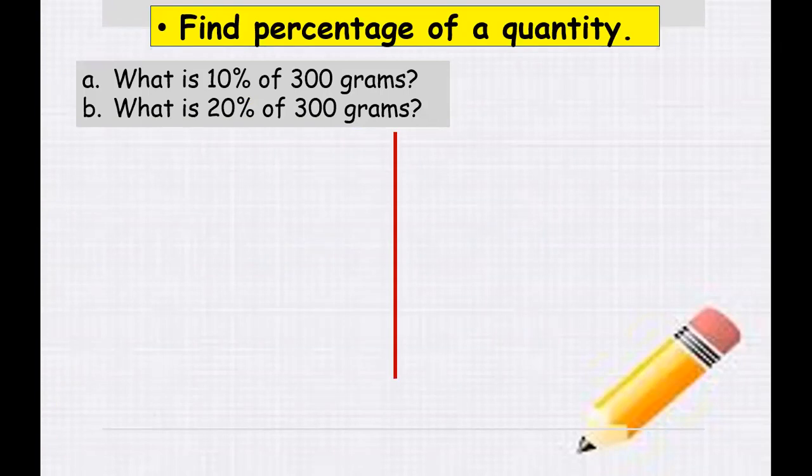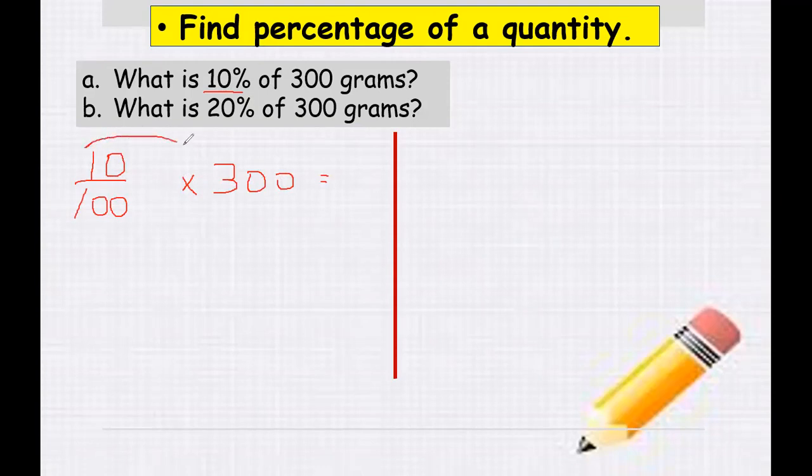So the first step you're going to do is make 10% a fraction times 300. Now, I'm going to help you make it in a simpler way.